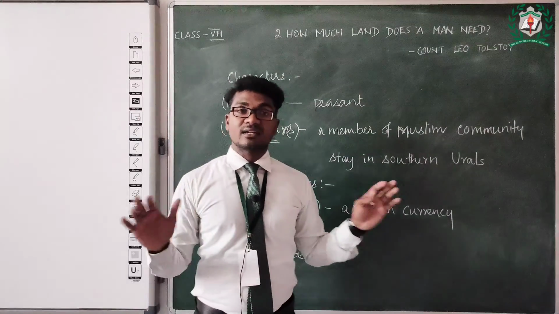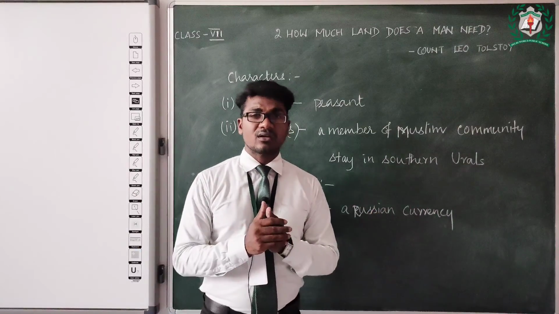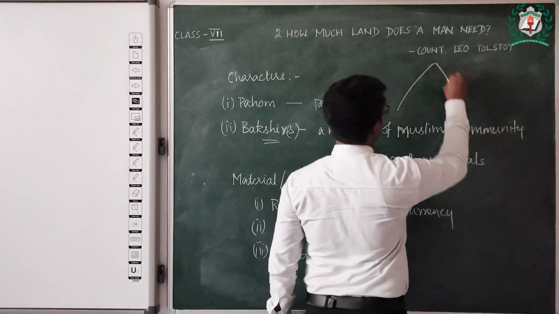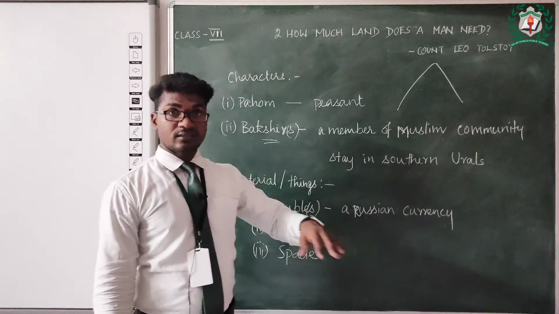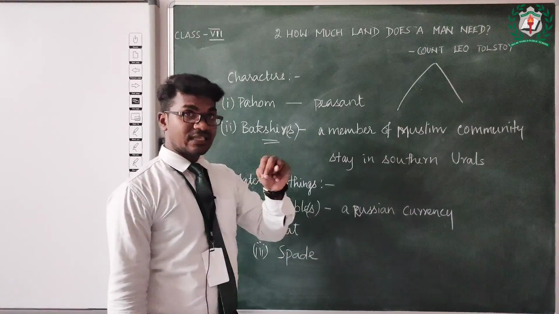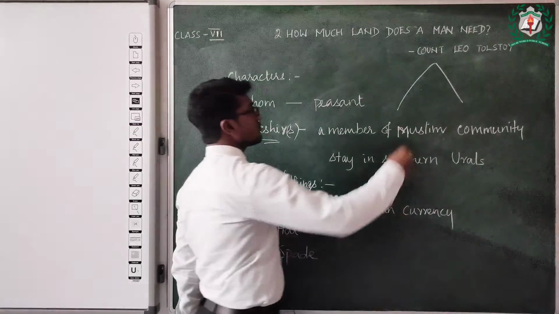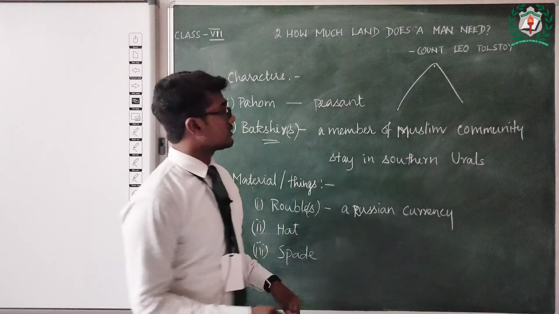That particular night, he could not sleep at all. Early in the morning, he went to the hill. The difference between a hill and a mountain is that a hill is smaller than a mountain. So from the top of the hill, he started.